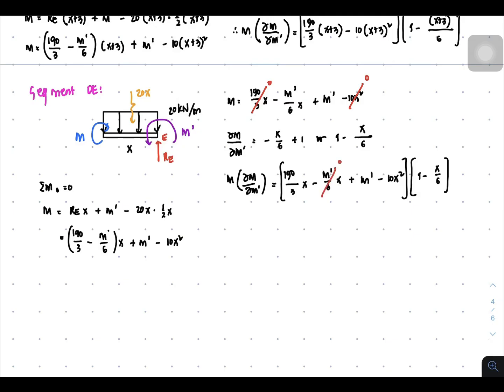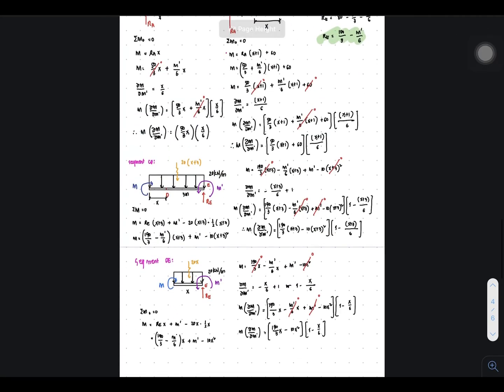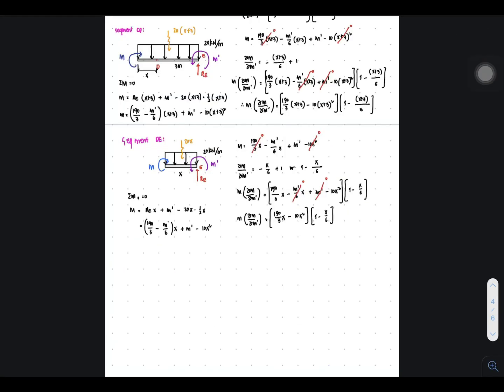And this time we are going to set all the M prime to 0 permanently. So therefore, the final term would be 190 over 3 x, then minus 10x squared, to be multiplied by 1 minus x over 6.